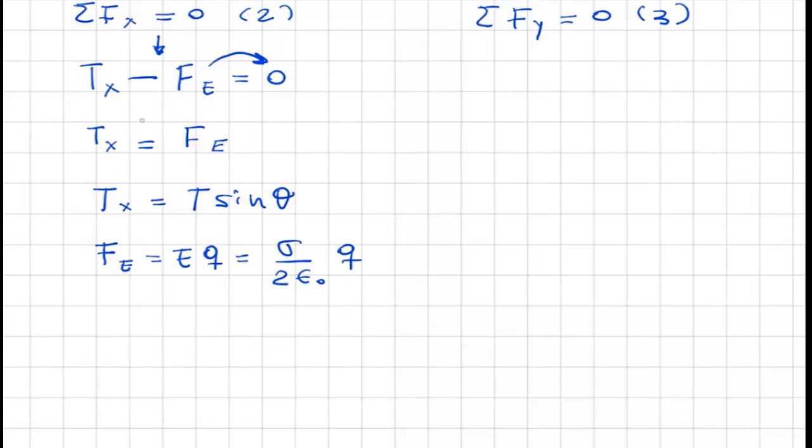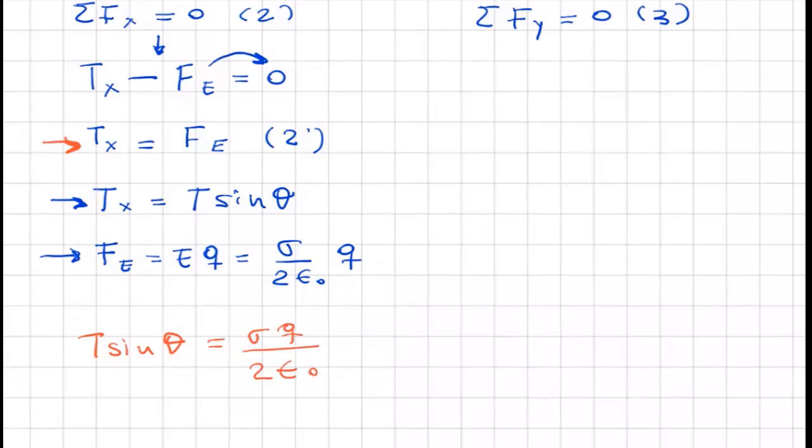In this equation 2 prime, we replace these parts, and we get that T sine of theta is equal to sigma q divided by 2 epsilon 0. We call this equation number 4.